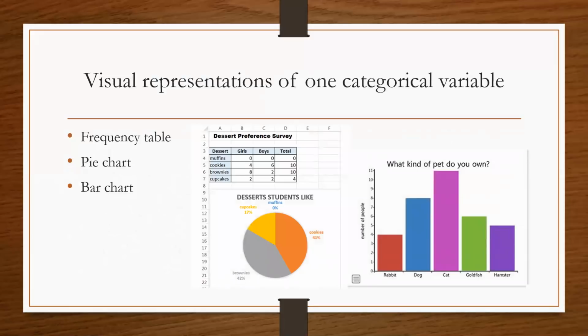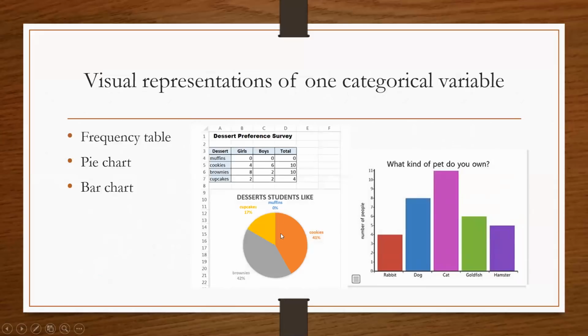You have a frequency table, which is this top bit here. This is a two-way frequency table. It's basically just asking, what's your favorite dessert? Is it muffins, cookies, brownies, or cupcakes? Disregard gender.